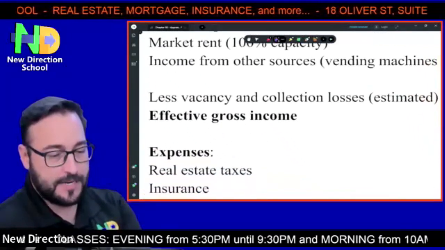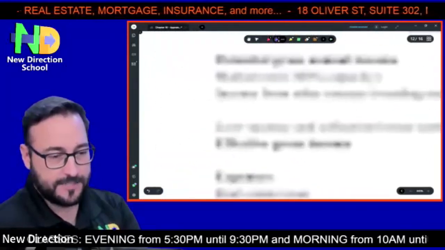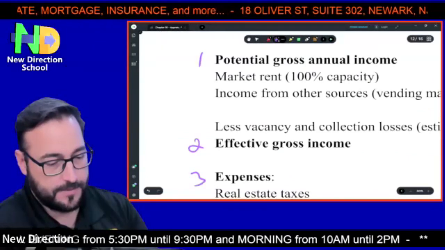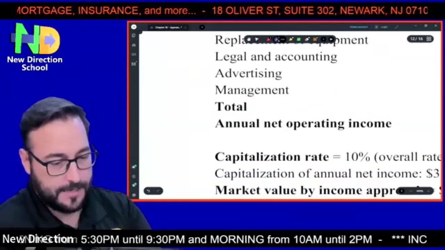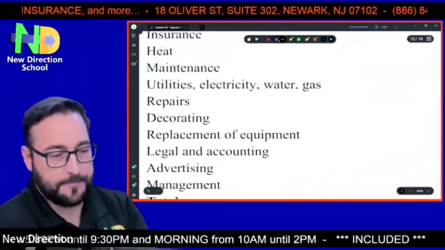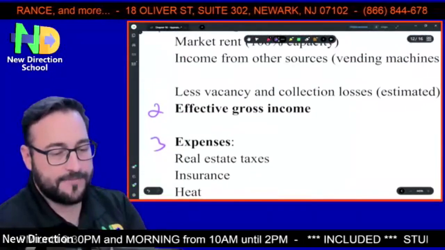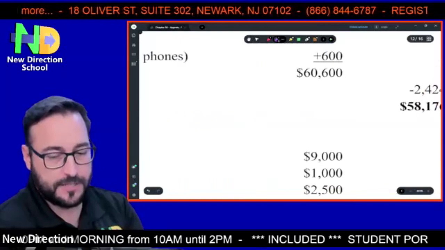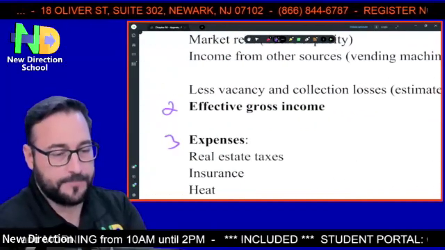Now we have to deduct. Step number 5. So now we reach the effective gross income.